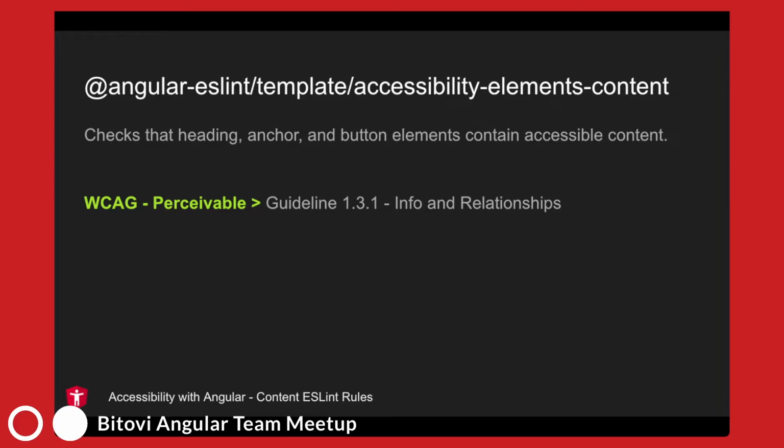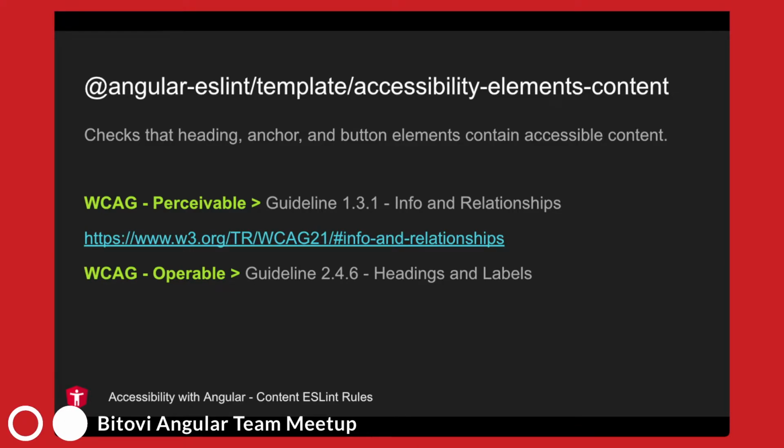So in this case, that's referring to header and anchor tags, which are used to build the document model. So if a header has no text content in it, then there's no way to describe it to, say, a visually impaired user. So that's important. And then operable, so guideline 2.4.6 says that headings and labels describe a topic or purpose. So again, not having text would break that.